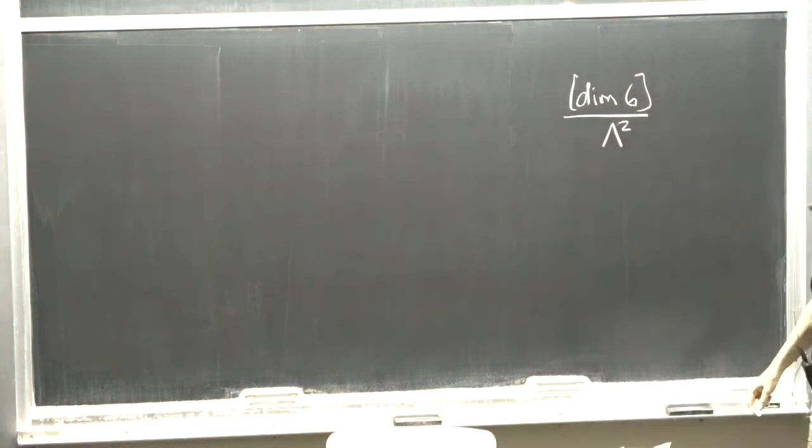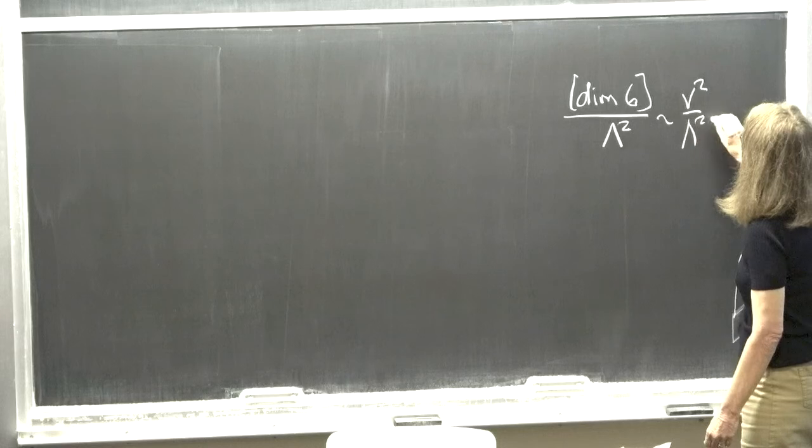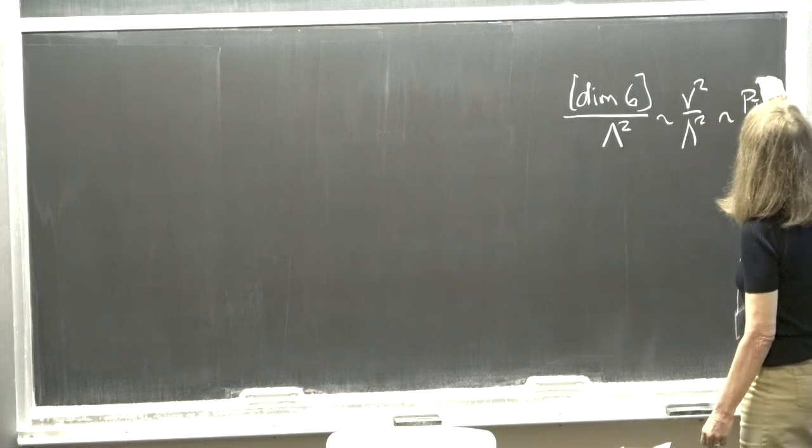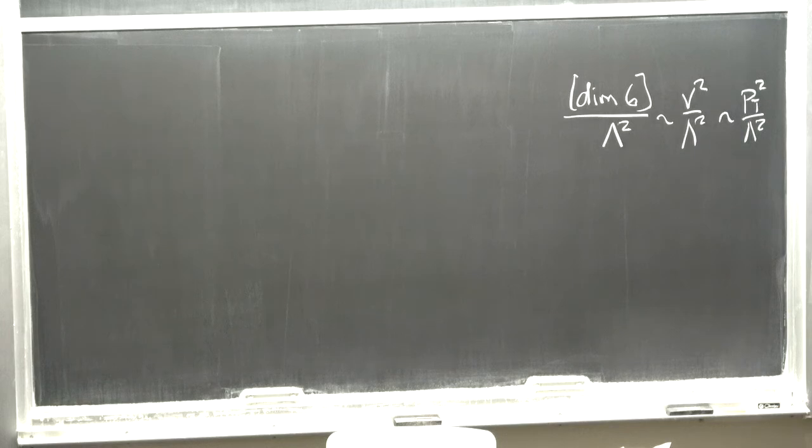To get your dimensions right, you either have effects which go like v squared over lambda squared, or which go like pt squared over lambda squared. And typically, they're pt squared over lambda squared. And that is why you always go to the tails of things when you're looking for new physics.